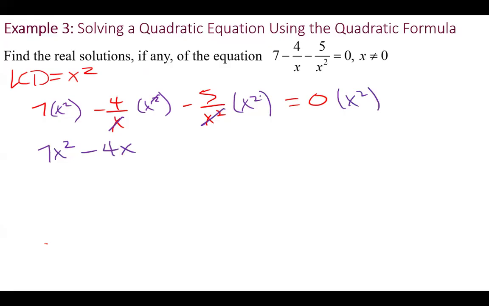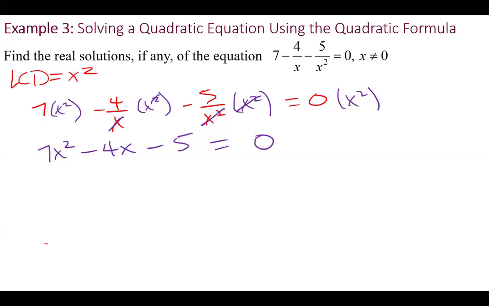They cancel out, and I'm left with minus 5. And anything times 0 is still going to be 0. So we went from a fraction to a non-fraction by using our LCD. See that with me? All right, now can I proceed with the quadratic formula?